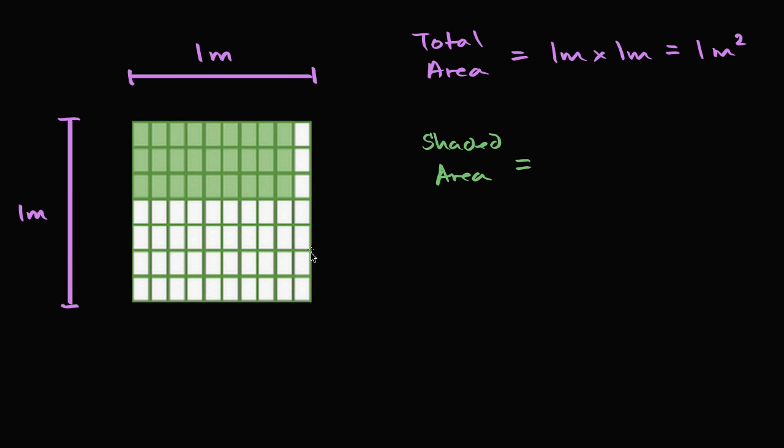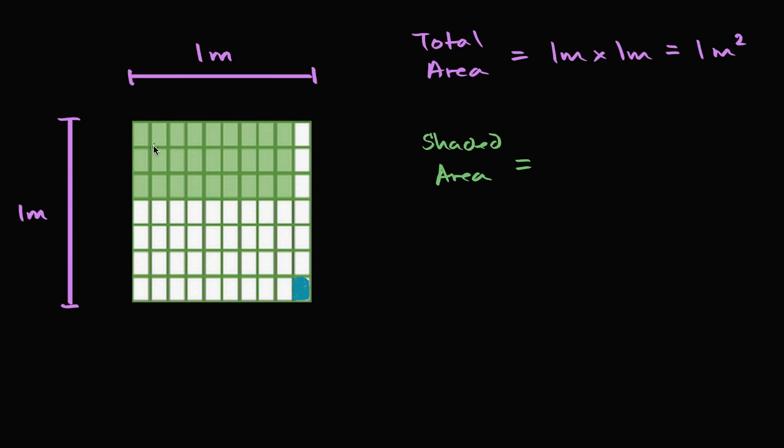Well, the one thing that might jump out at you is that our entire square is divided into these equal rectangles. So one way to think about it is, what is the area of each of these equal rectangles? To figure it out, we could ask what fraction that is of the whole. So we have to figure out how many of these rectangles our whole has been divided into.